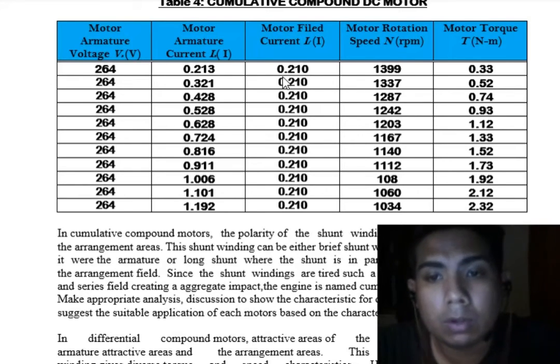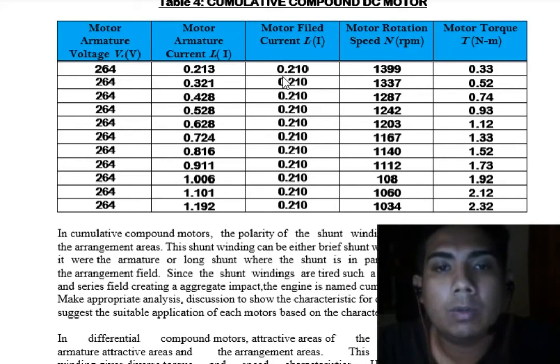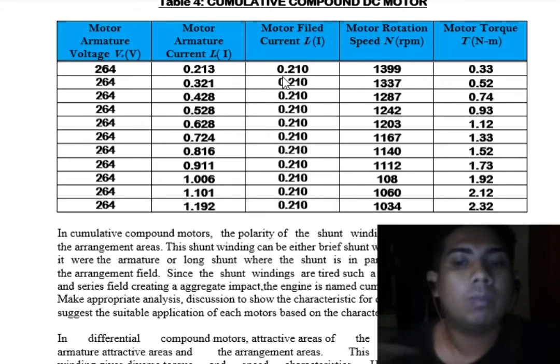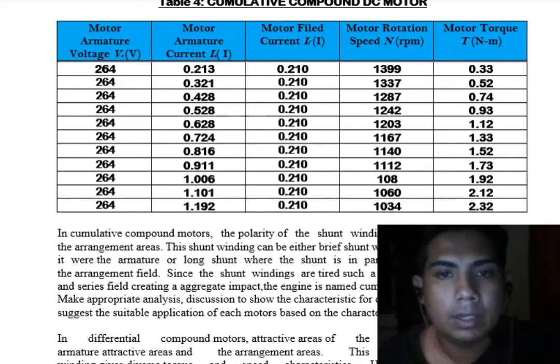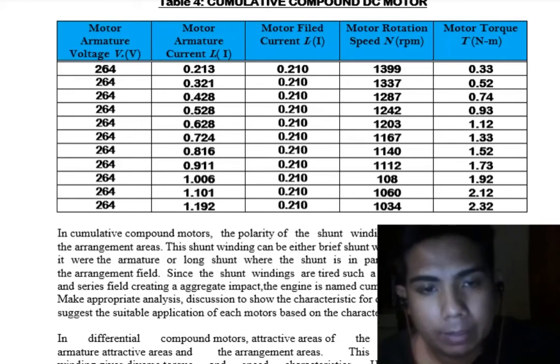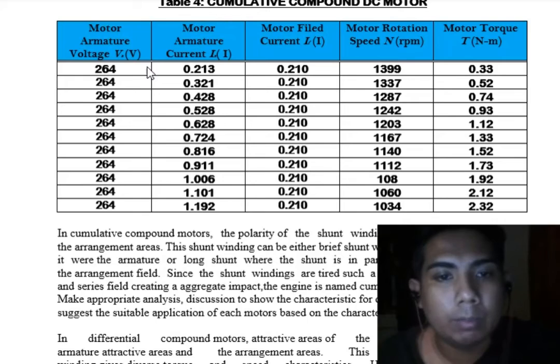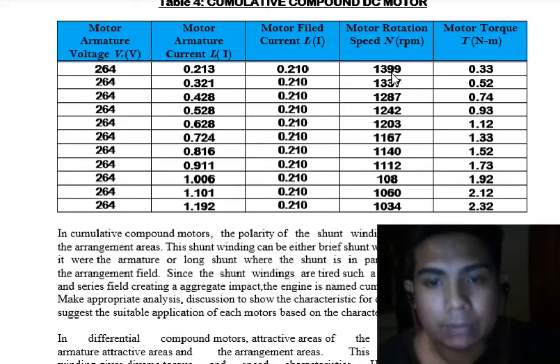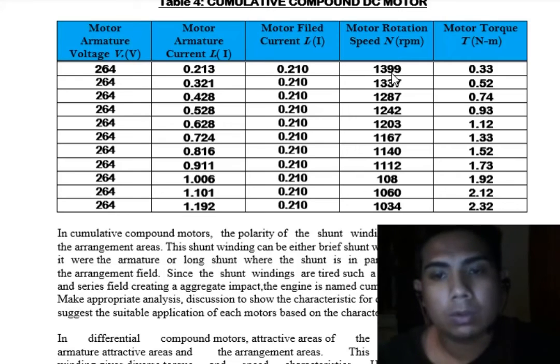The motor torque increased from 0.33 until 2.32. The analysis we can make right here is that when the motor armature current is increased in value, the motor speed rotation will decrease, and the motor torque will increase from 0.33 to 2.32.